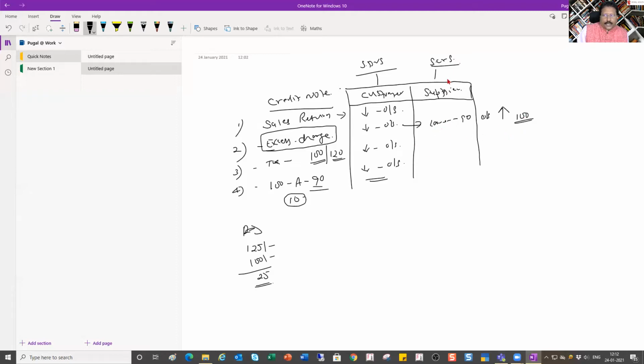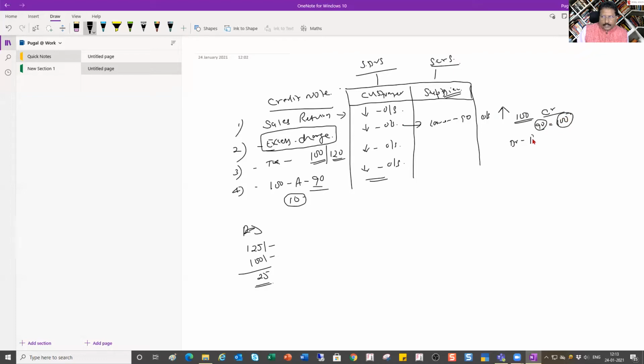In your books of account, for the supplier ledger, you will now pass a credit note. You are going to debit your purchases, because originally you debited your purchases as 90 rupees, but actually your purchase cost is going to be 100 rupees.